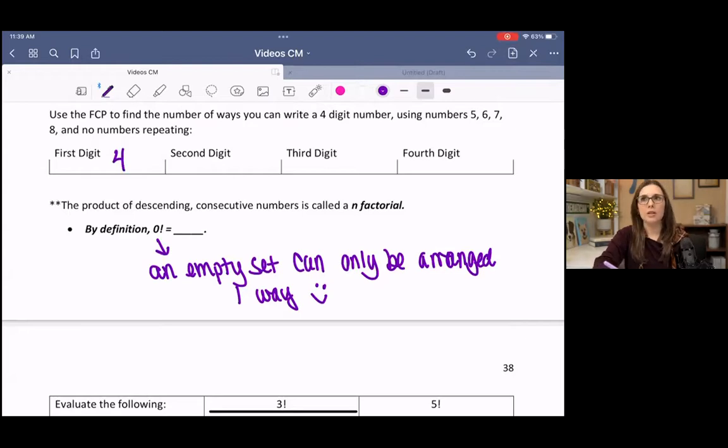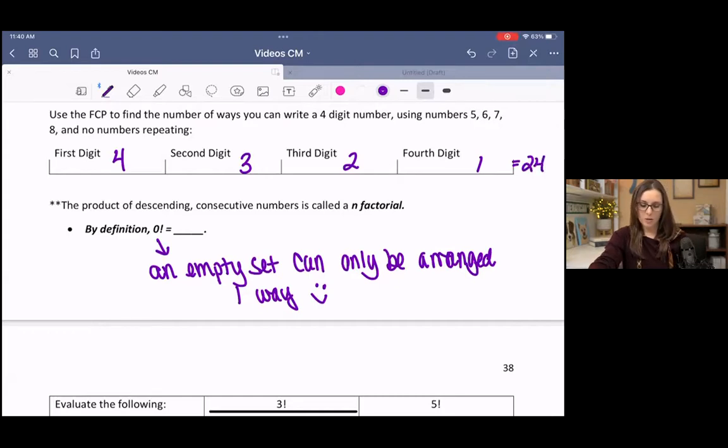And then it's non-repeating. So whatever I used in the first digit, I cannot use again. So now I have 3 options. And then I have 2 options. And then I have 1 option for my last digit. So using the idea of the fundamental counting principle, I can multiply my choices in each part. And I get 24 different outcomes.